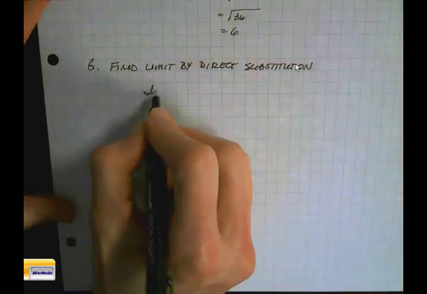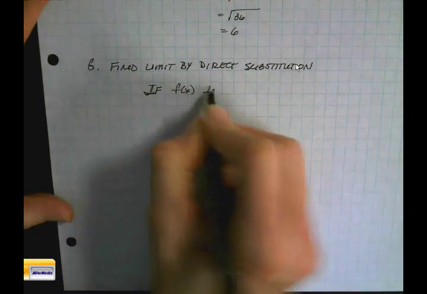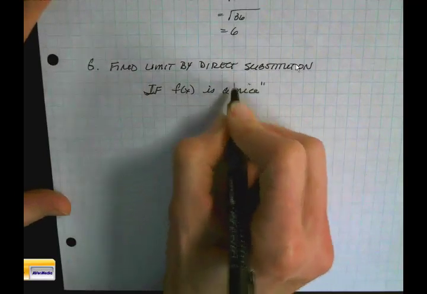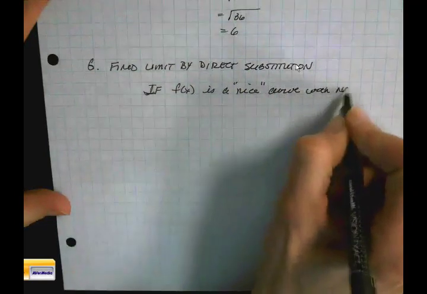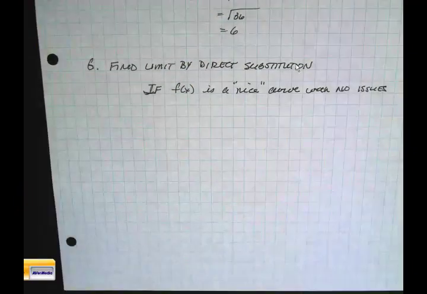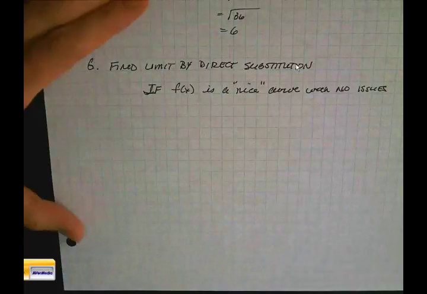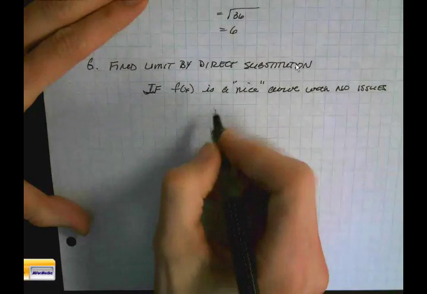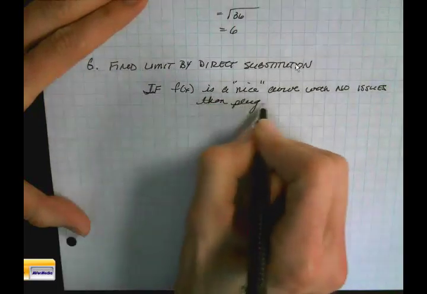And the way they put this is they say if f of x is, and we'll put it in very informal terms, a nice curve with no issues. There's no jumps, there's no breaks, there's no vertical asymptotes, it's not doing anything off the wall. Then we consider it continuous, and then we just use direct substitution. Then plug in the value.